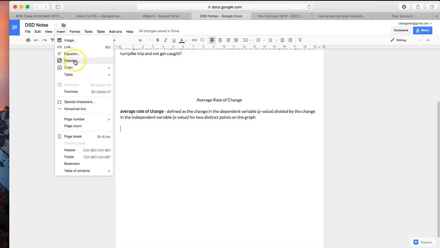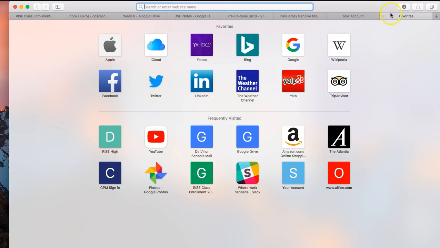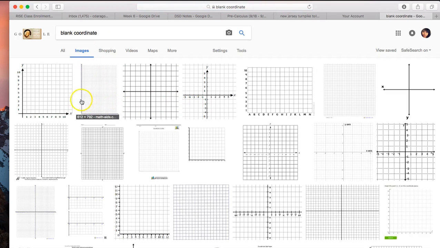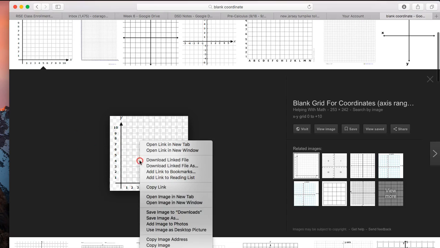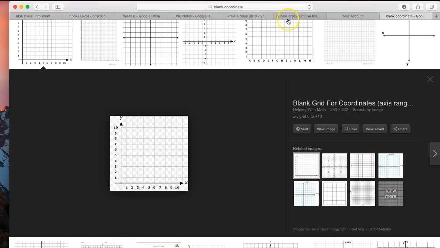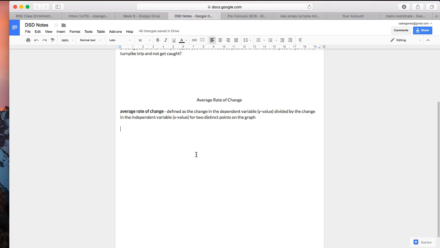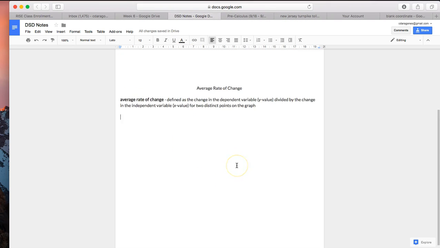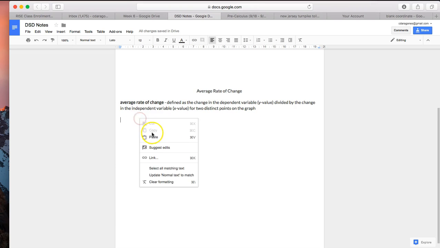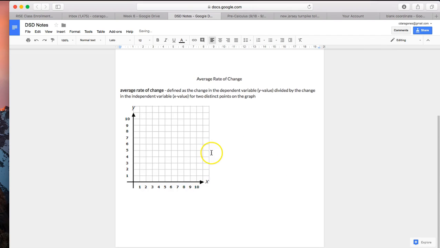So if I go ahead and draw a graph, I'll just do an XY axis here. And we're just going to put 2 points on the graph. It doesn't really matter where they are. We just need 2 points to illustrate this average rate of change.